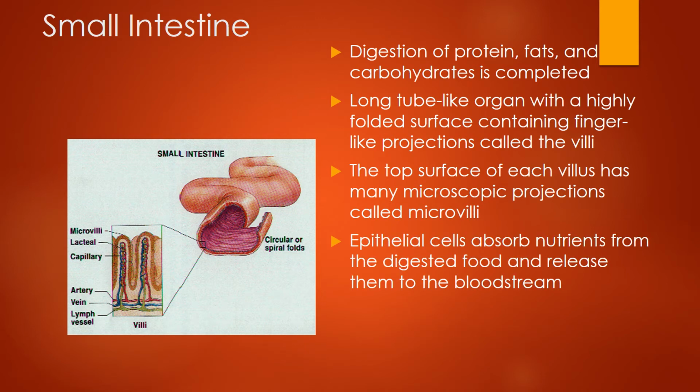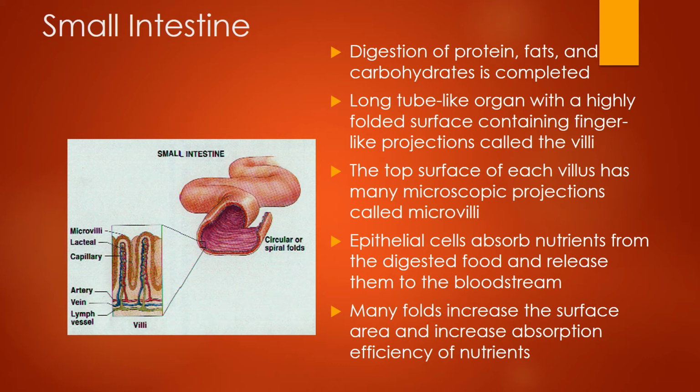The epithelial cells of these structures absorb nutrients from the digested food and release them to the bloodstream on the other side. The villi and microvilli, with their many folds, increase the surface area of the small intestine and increase absorption efficiency of the nutrients.